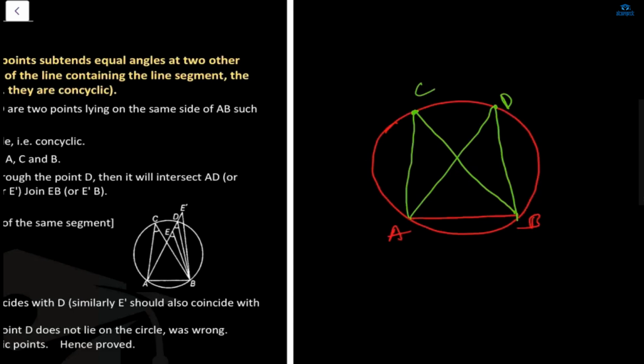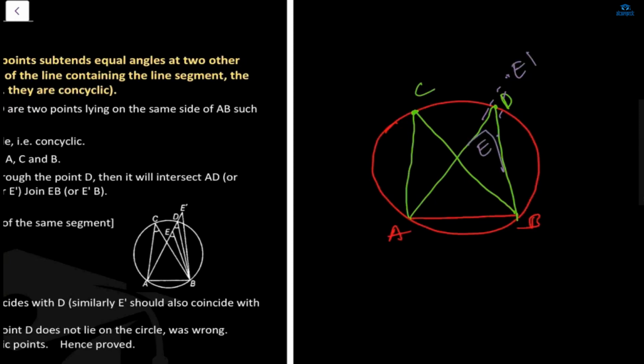It is given that angle C and angle D are equal. So what we are going to do is assume that this point D is above or below, so you can take E or E dash.